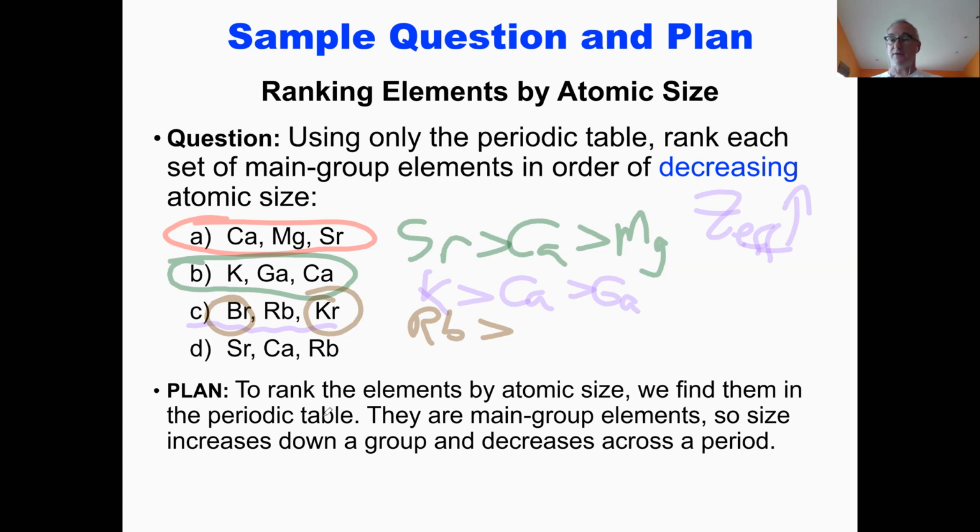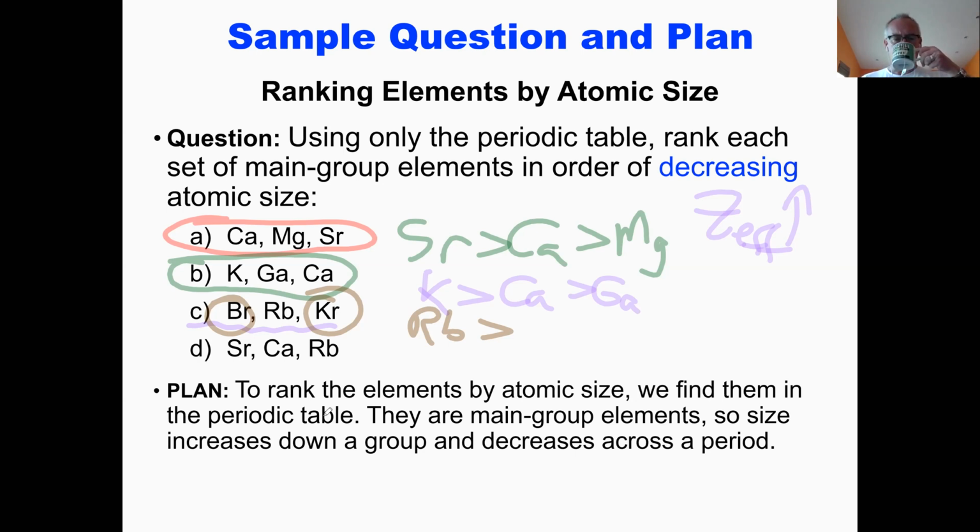So if bromine and krypton are now in the same period, which one is further to the left? So we have bromine and we have krypton. One of them has to be further to the left than the other one. Which one is further to the left?